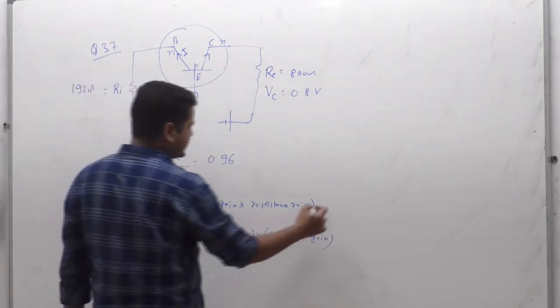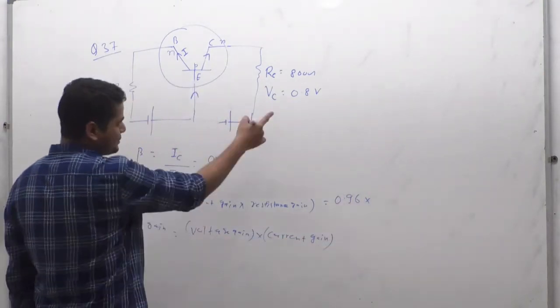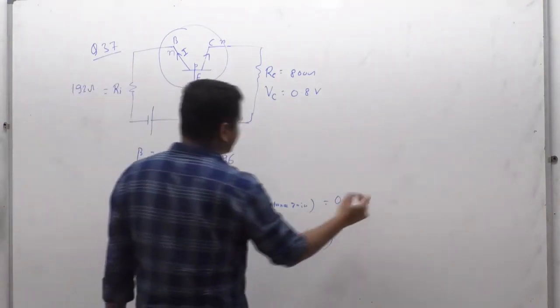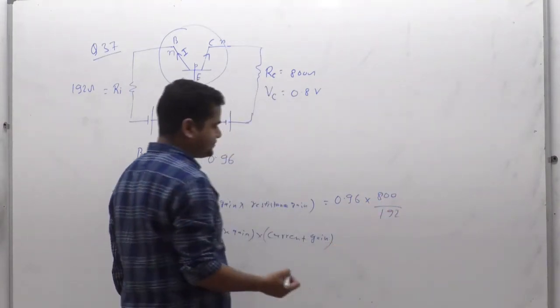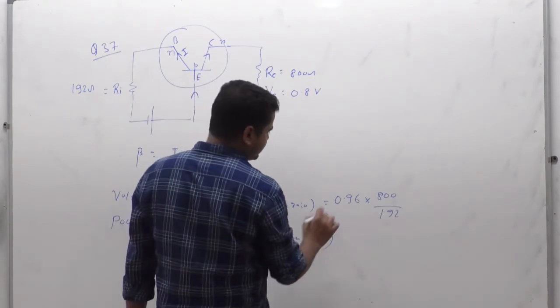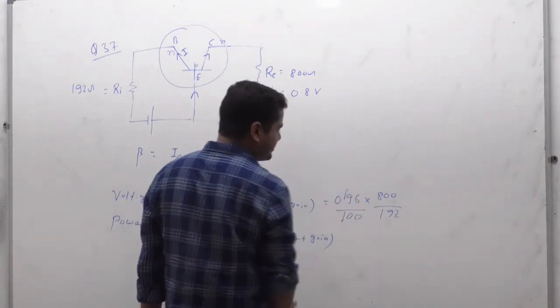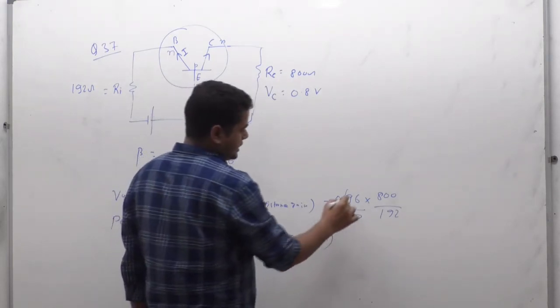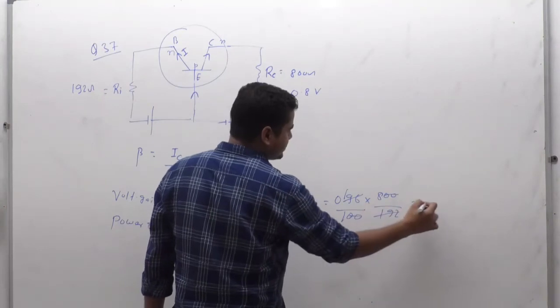We can substitute 0.96. And what is resistance gain? Output resistance upon input resistance. Output is 800, input is 192. Removing the decimal, this comes to 4.